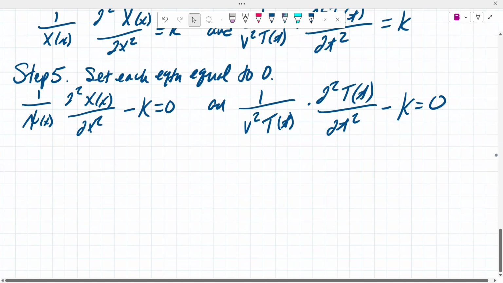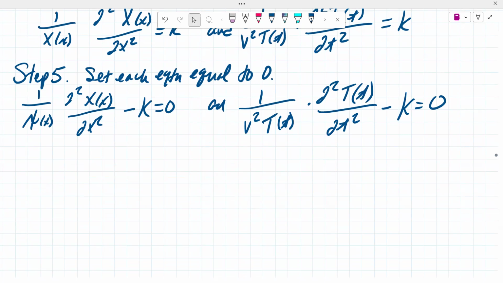All right, step 6. Multiply to remove the denominator and make the leading coefficient 1. Remember, we talked about solving the second order linear homogeneous differential equations, right? One of the things you have to do is have the leading coefficient be 1, and that's not 1, right? It needs to be set equal to 0.